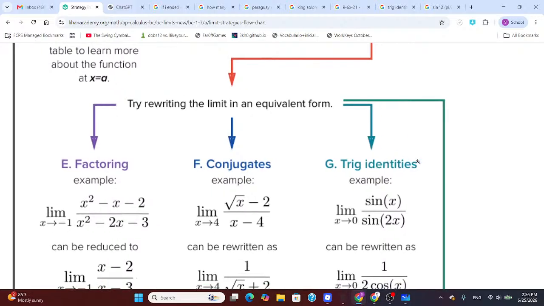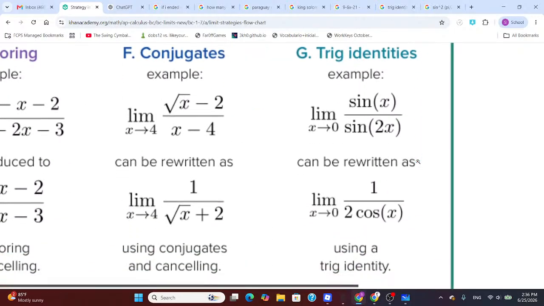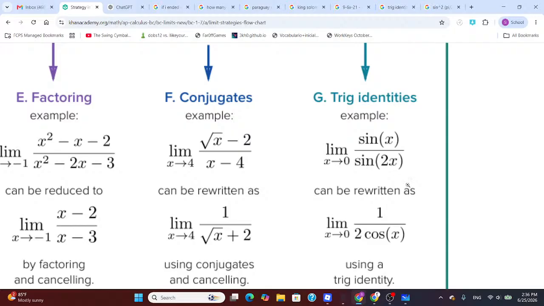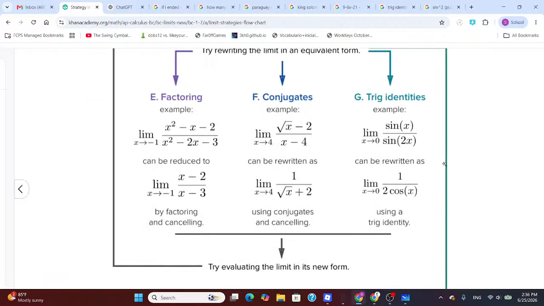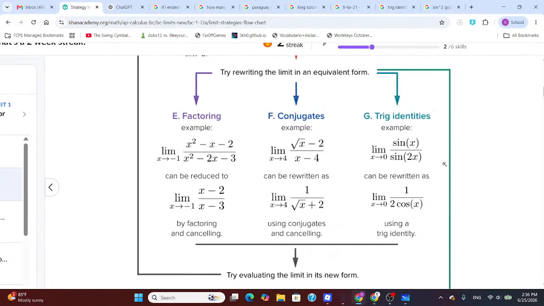And trig identities are the hard one. You have to just know that sine squared plus cosine squared equals 1, and sine over cosine is tangent. And you just have to manipulate it, use the basic trig identities around.